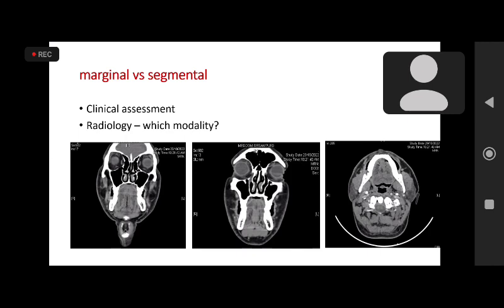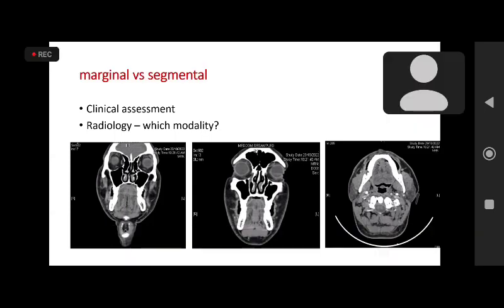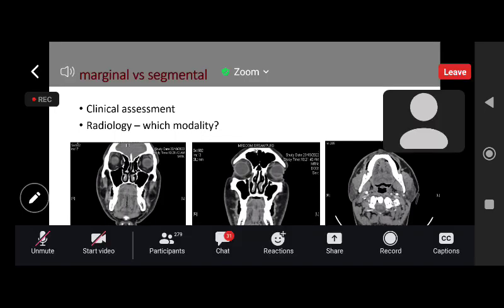So, contrast CT is the modality that we all use, and the bone cuts of the CT scan will also tell you about the involvement of the bone. In particular, you can have an oblique reconstruction, which will tell you about the exact extent of bone erosion.